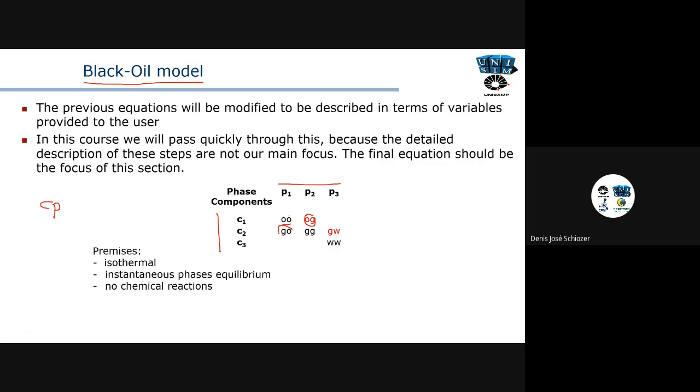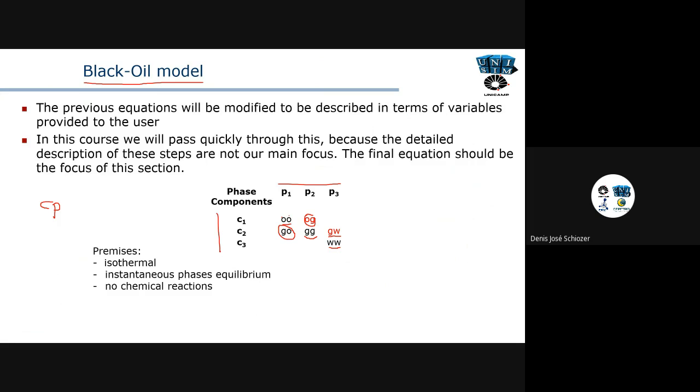This is the amount of the gas component that's inside the oil phase. The amount of gas component that's inside the gas phase, the amount of gas component that's inside the water phase, and this is the amount of water that's inside the water phase, okay? So component and phase.